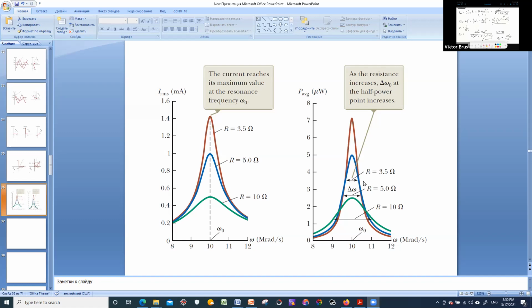From the other side, you don't want to put too large a resistor in series to the inductor and capacitor, because that will limit the selectivity of the AC circuit and result in broader peaks, which is not very practical. So there should always be some balance.